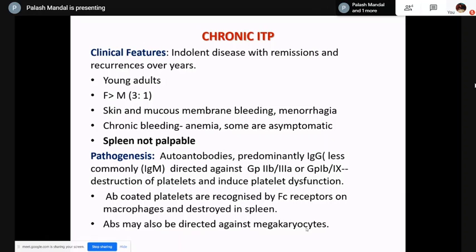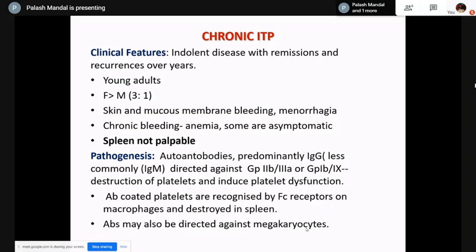So this is known as autoimmunity. The antibodies are directly attacking platelet antigen. I think you have followed the difference between these two.